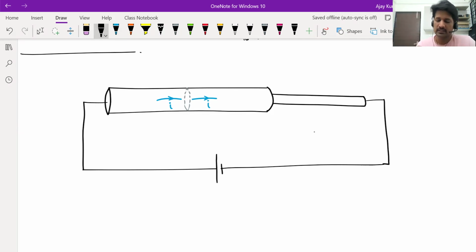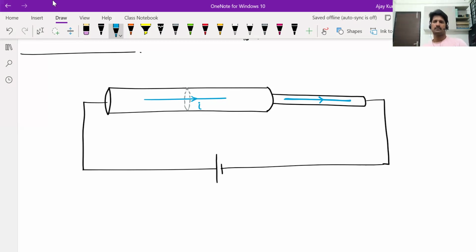That is what we call as steady state. Inflow of charge at any cross section should be equal to outflow. That is an assumption we make in your syllabus, and that must be obeyed everywhere. So let's say in this part of the conductor, the current is I. Then in this part of the conductor, should the current be I itself or something else? If that assumption is obeyed, if there is no charge accumulation anywhere, inflow of charge is equal to outflow of charge, will the current be the same everywhere or not?